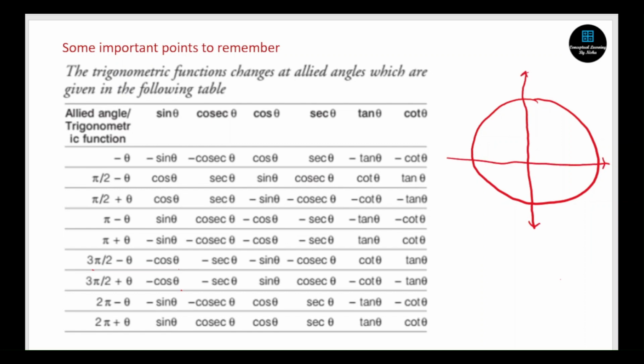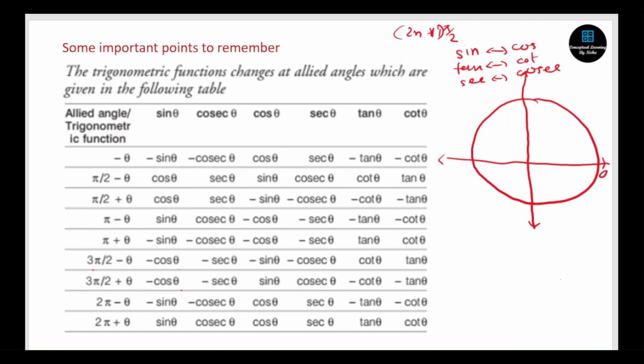Now what do I mean? So whenever the angle is pi by 2, I can say 2n plus 1 pi by 2 form, sine changes to cos or cos changes to sine, tan and cot, and sec and cosec. Alright. So these will interchange.